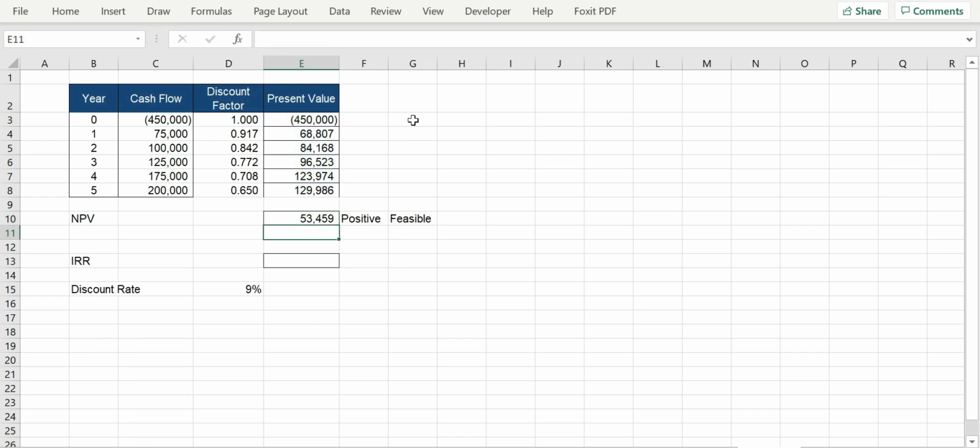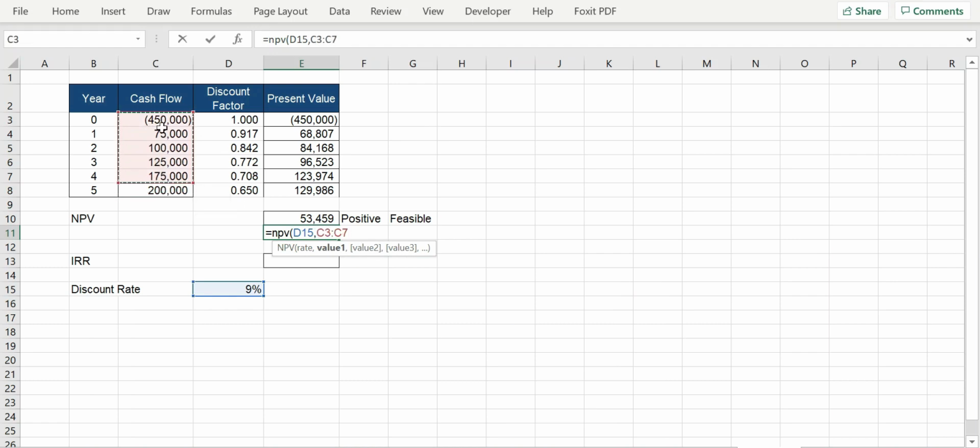Now by using the NPV formula, we can calculate the net present value. So simply open the bracket, and you need to select the rate first, then the cash flows from year 0 to year 5.